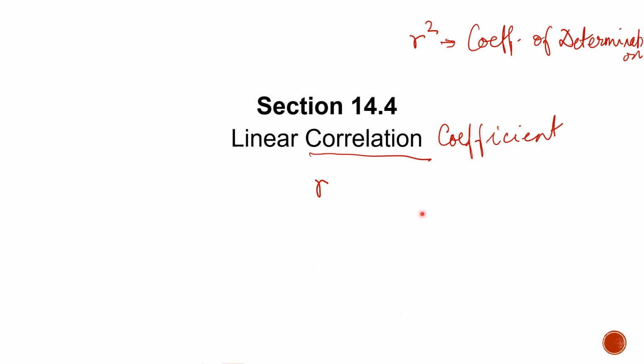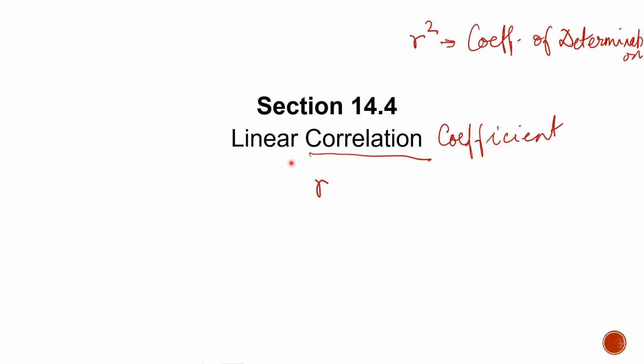Or it could be negatively correlated. That means if the x values increase, the y values decrease. In both cases, they are correlated, right? In different directions, but they are still correlated, and there could be a situation where they are not correlated at all.